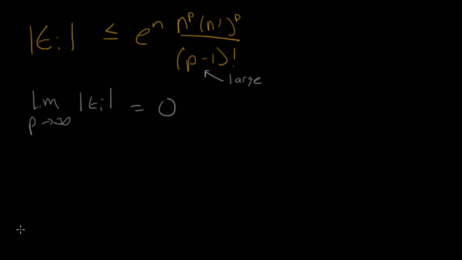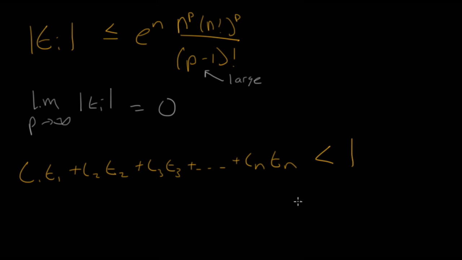So therefore, what we can conclude is that as p gets very big, this whole thing, c sub 1 epsilon 1 plus c 2 epsilon of 2 plus c 3 epsilon of 3 plus c sub n epsilon of n, is going to approach some value less than 1.